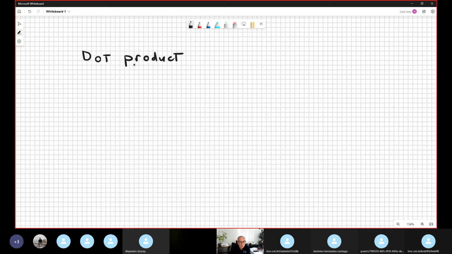So we have two kinds of multiplication in the vector. The first one is dot product. Okay, let's do it. So now the notation for dot product is vector a dot product b. Entonces es importante que in the scaling you put 2a.